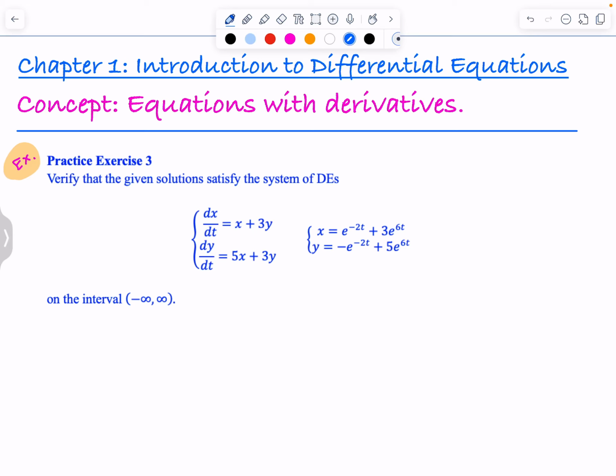In this video, we'll wrap up our discussion of the first section of DiffyQ, focused around verifying solutions of DiffyQs. This is where it starts to look crazy, but it's really just two problems in one. This explains why in that last problem we had an x of t.